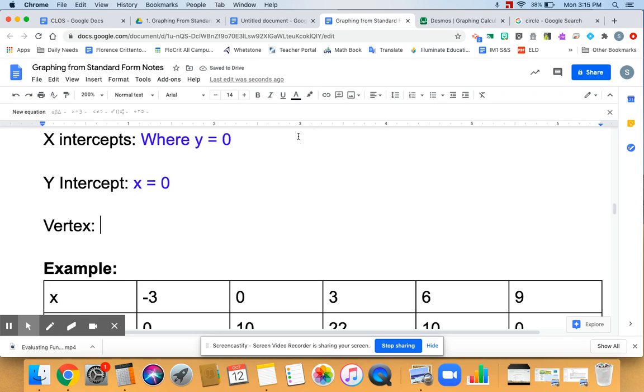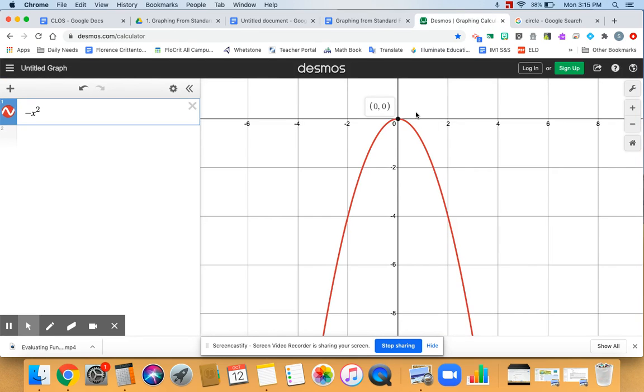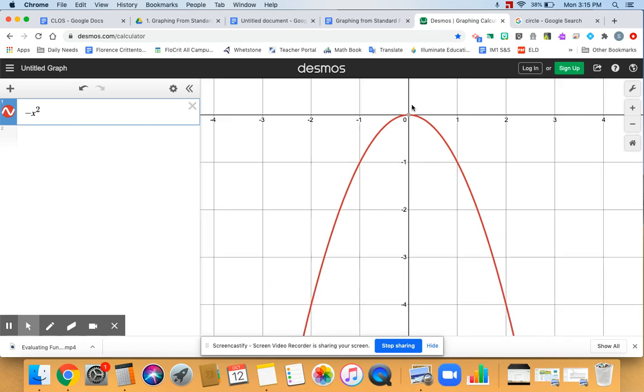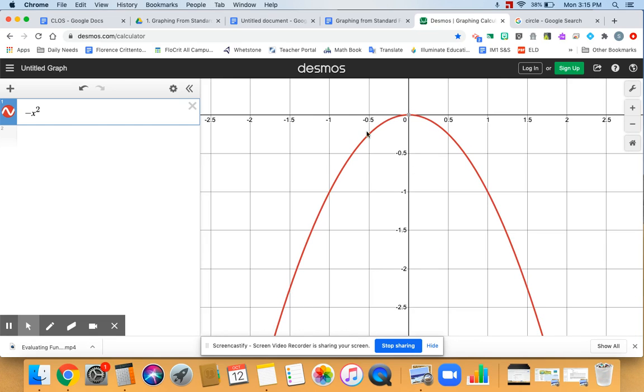And then the vertex, here's the thing about quadratics. All quadratics are symmetric, which means at the vertex, you see how this line's cutting it in half. It cuts it in half perfectly, meaning if I go left 1, I'm down at -1 from the middle.